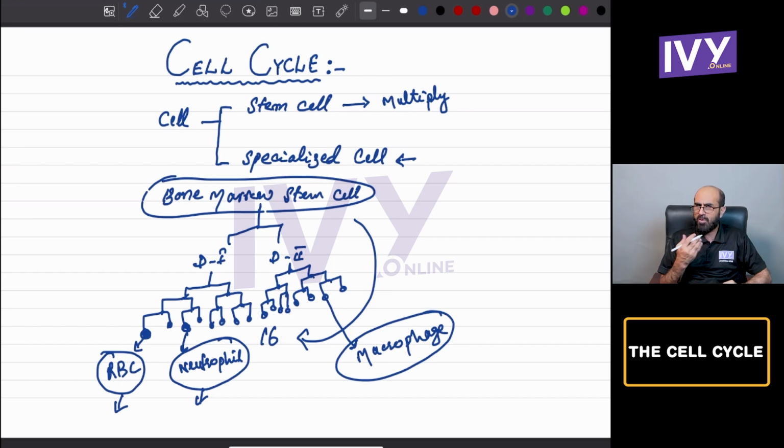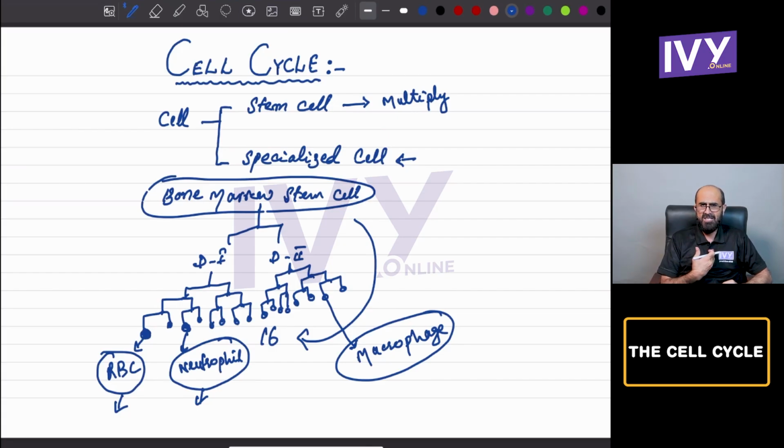So once they perform their functions, they will die and they will be replaced by other stem cells to produce again more RBCs, neutrophils and macrophages. It means stem cells have the potential to produce more specialized cells, and specialized cells after performing their functions will be disintegrated, they will die, and they'll be removed from the body.